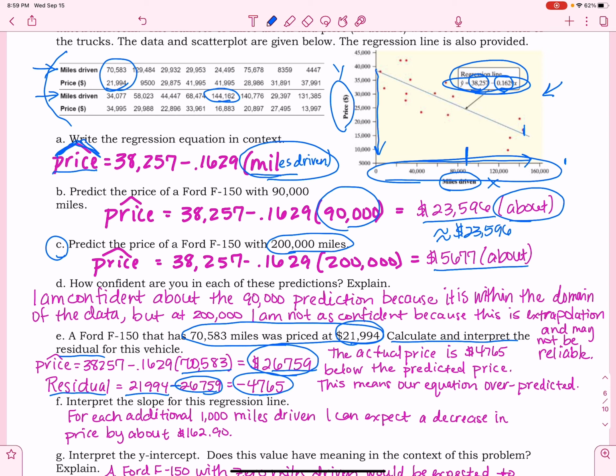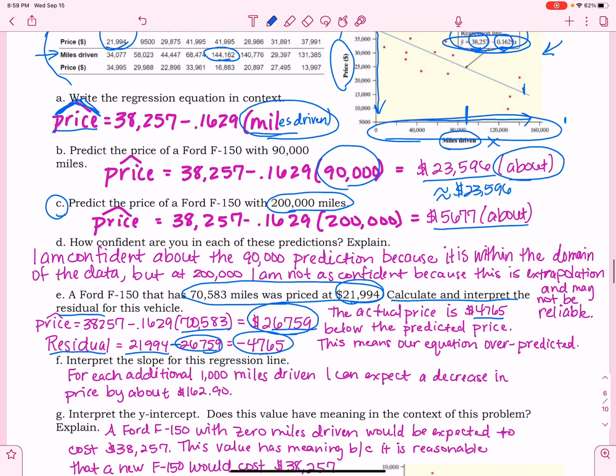My line is over predicting the actual value. So notice that since my actual price is $4,765 below the predicted price, it means our equation is actually over predicting in this particular situation.